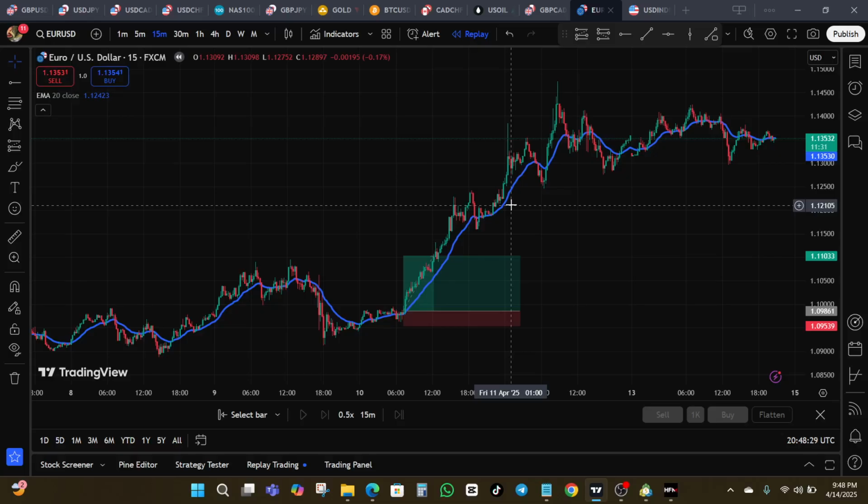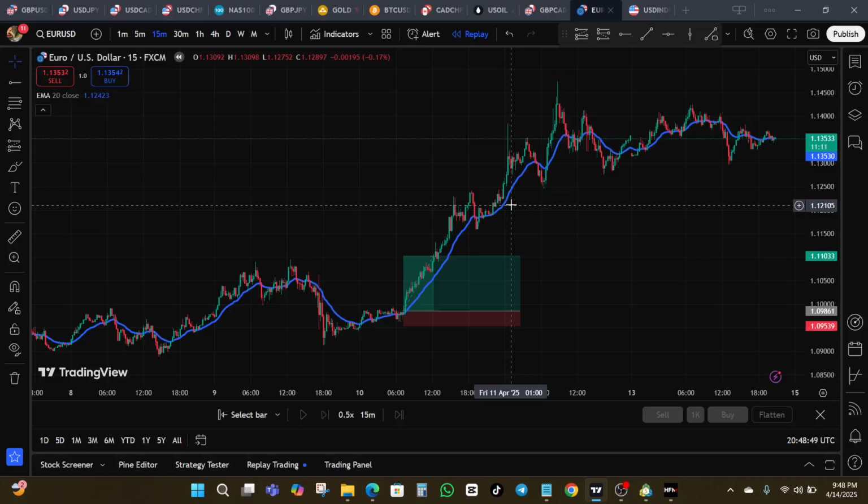Did it hit your stop loss? Did it reach your target? Make notes. Okay, you can even keep a notebook or Excel sheet tracking each trade's outcome. All right, the risk to reward ratio and the reason for entry.